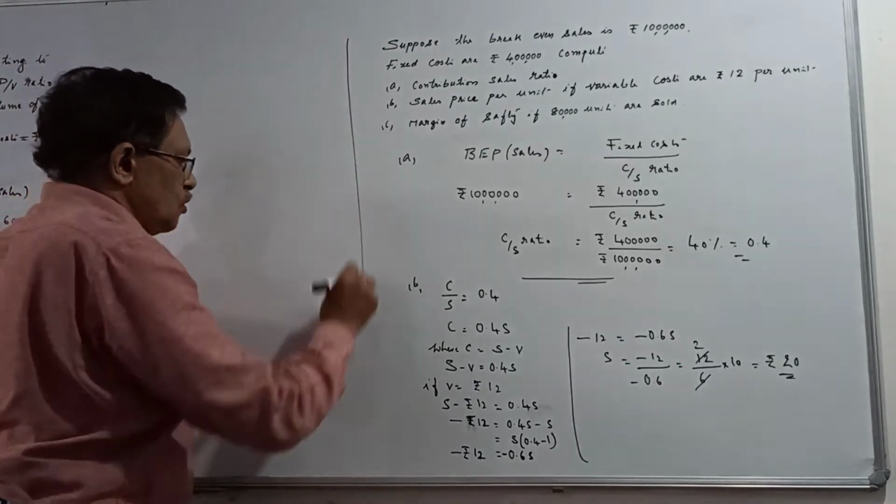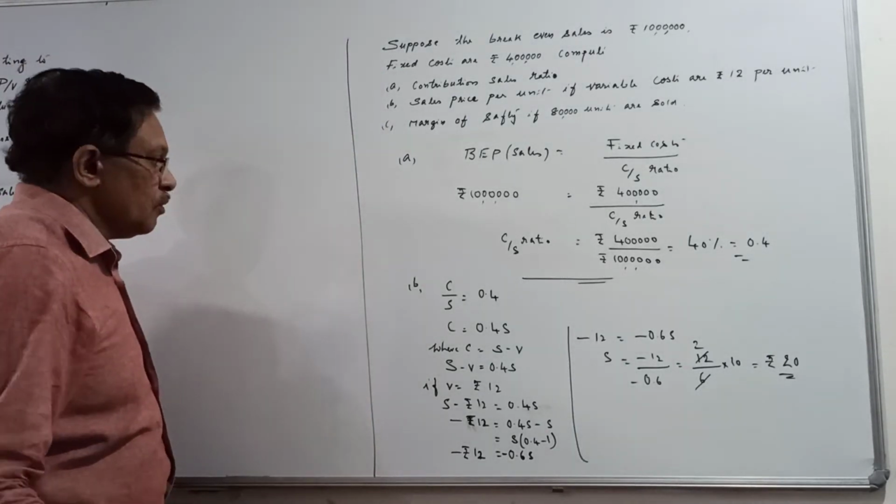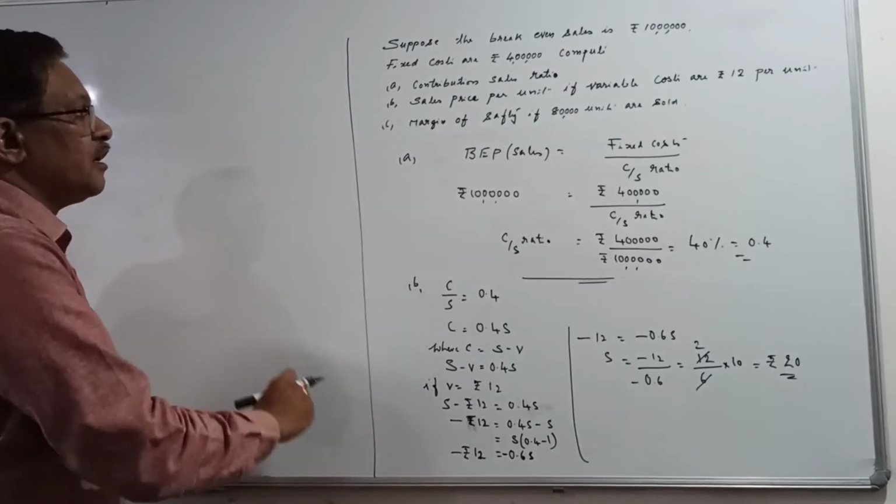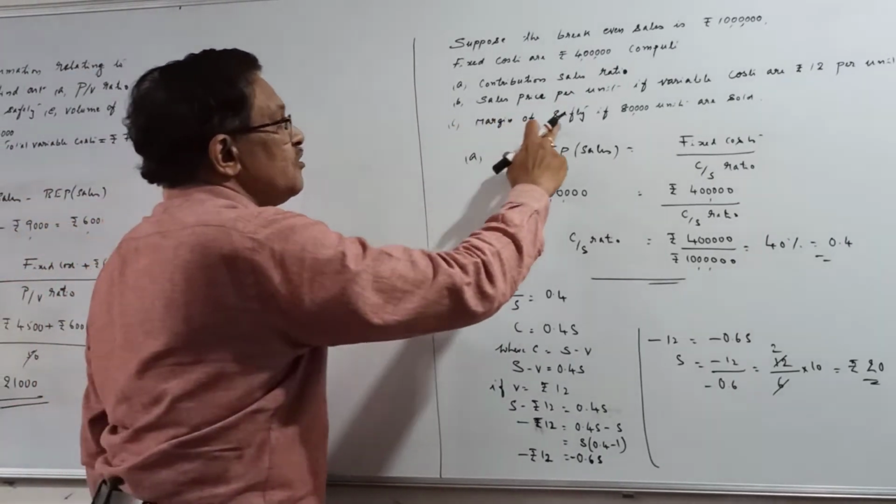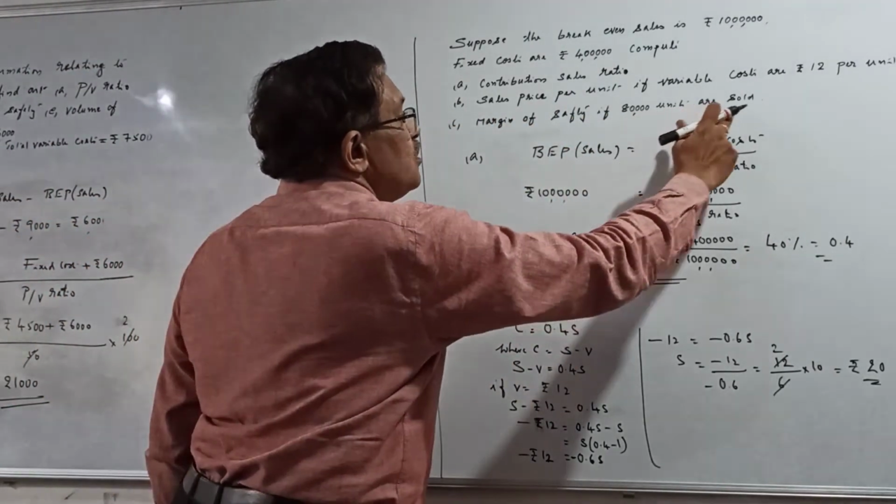Then he is also asking us to find out the margin of safety if 8,000 units are sold.